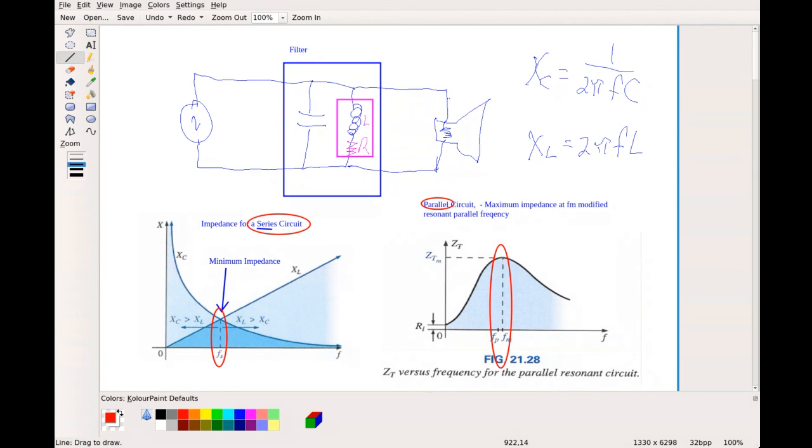And then we'll talk about also a notch filter, which is kind of like the bandpass flipped. And then we'll talk about decibels. What are decibels? I'm sure you've heard the term decibels.